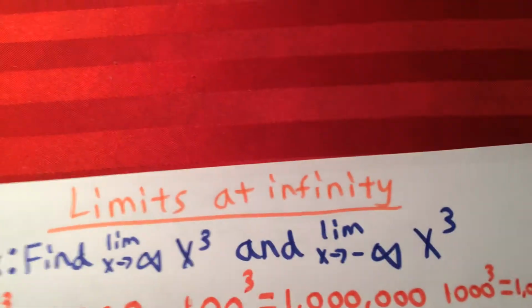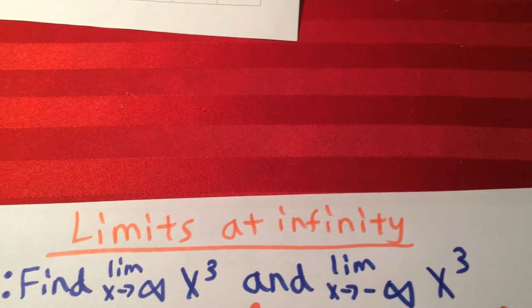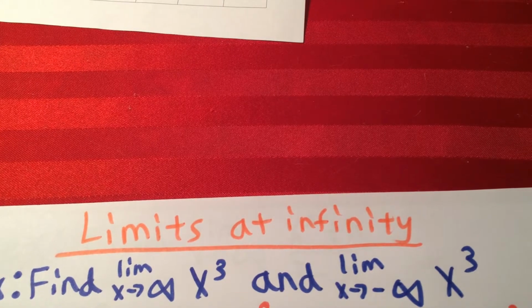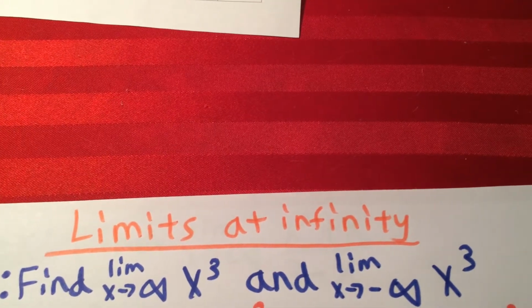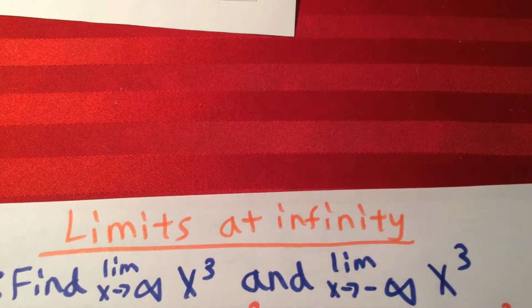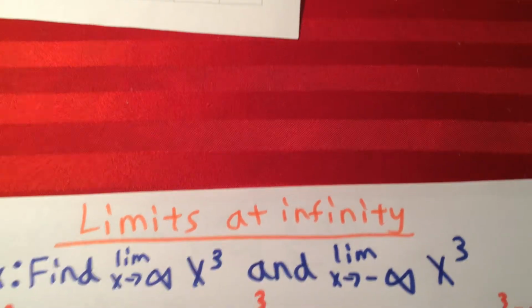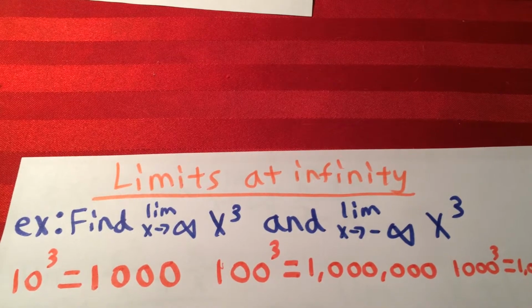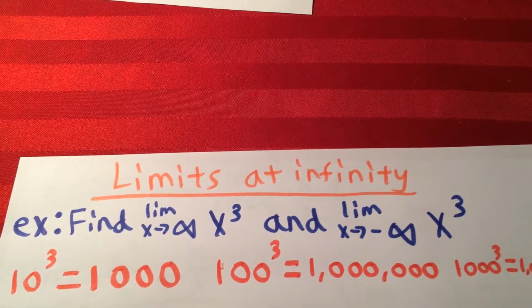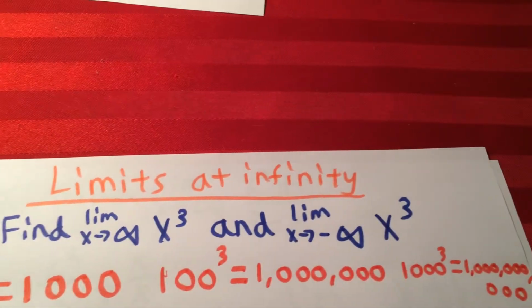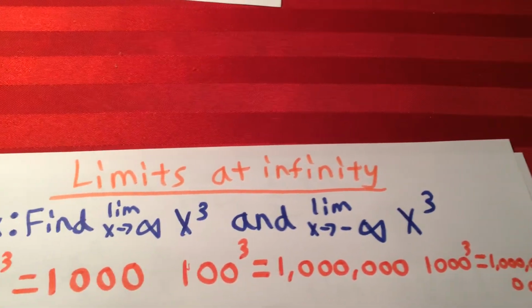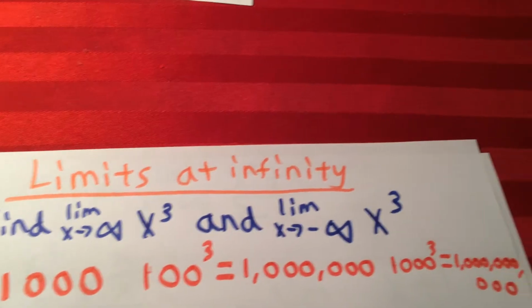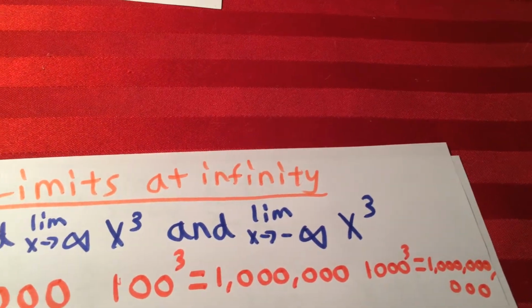Next up, we are looking at infinite limits at infinity. My example here is to find the limit as x approaches infinity of x cubed and the limit as x approaches negative infinity of x cubed. First, with the x cubed problem, you plug in a number for x that's very close to infinity, like 10, 100, or 1,000, and you get a really big number, like 1,000, a million, or 1 trillion.